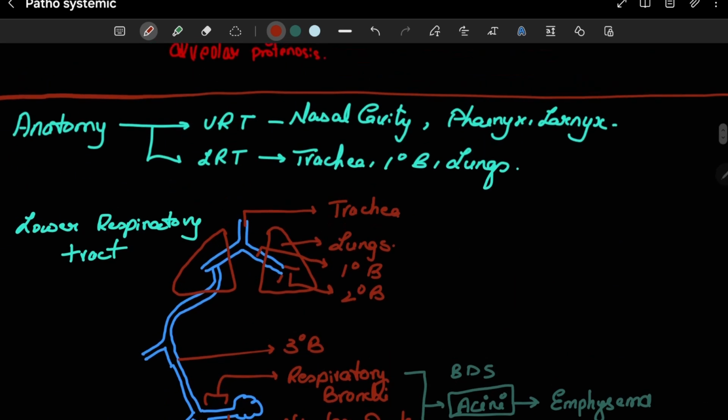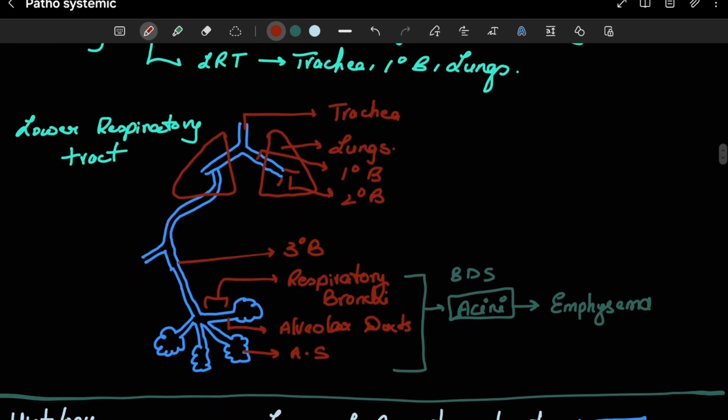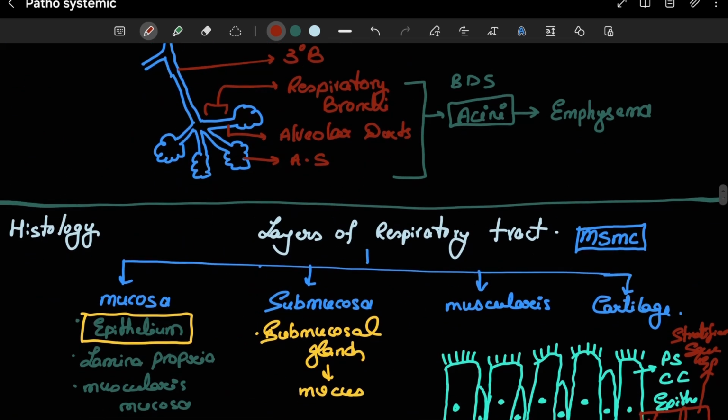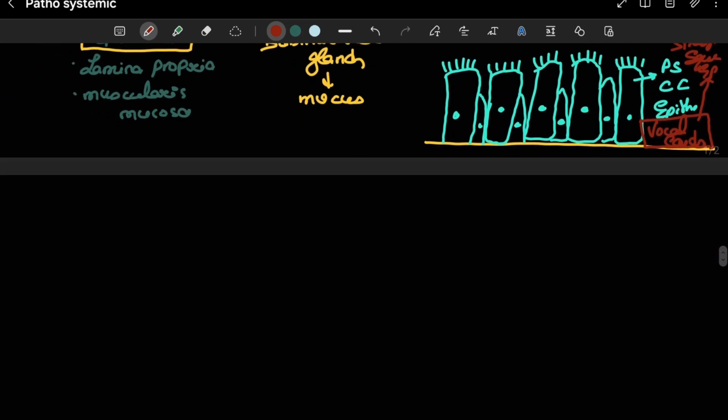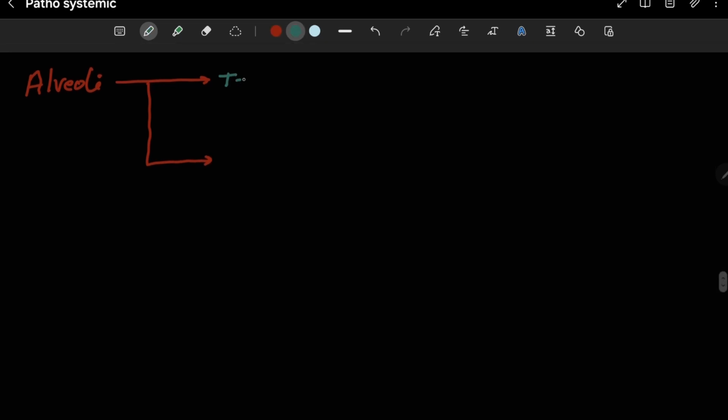Up to now, we discussed very minimal points like anatomy, lower respiratory tract, and the histology. I hope you are clear up to now. And now let's go into the alveoli. These alveoli contain two kinds of cells. First one is the type 1 pneumocytes. Second one is the type 2 pneumocytes.